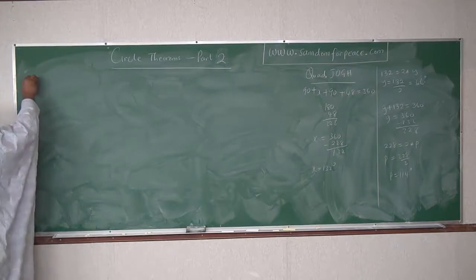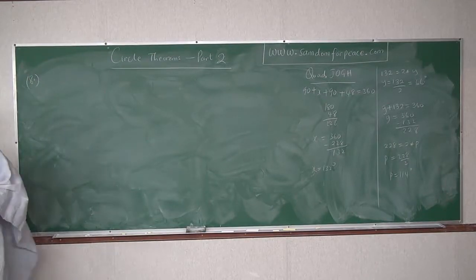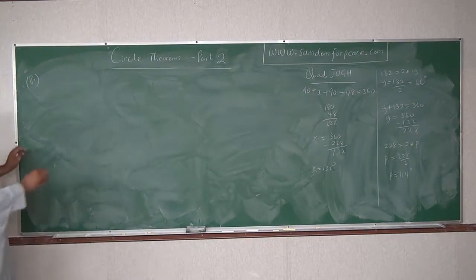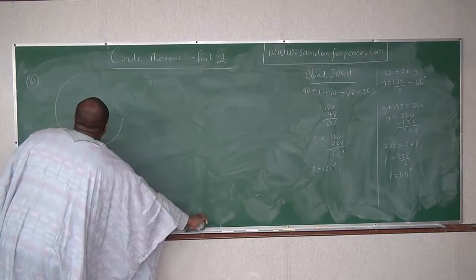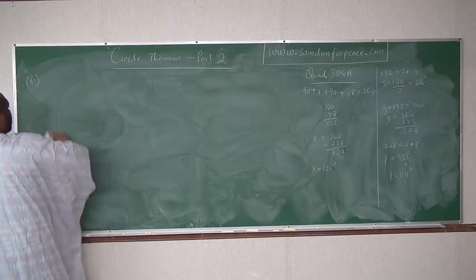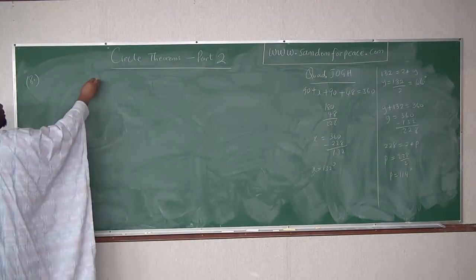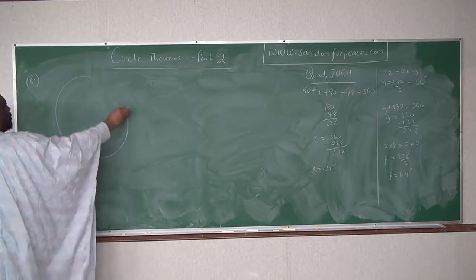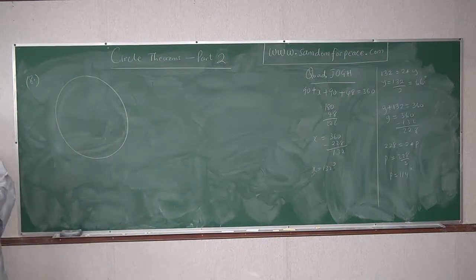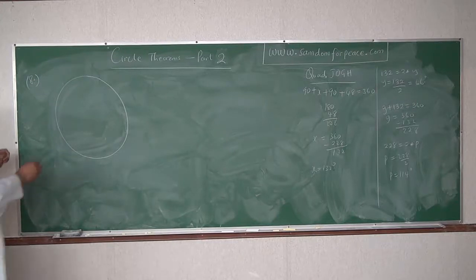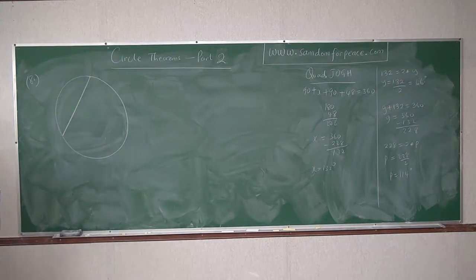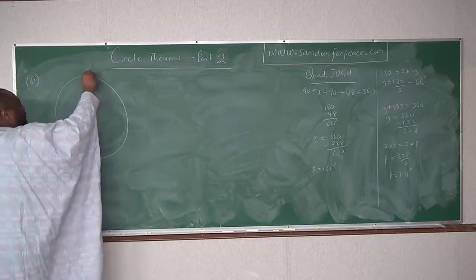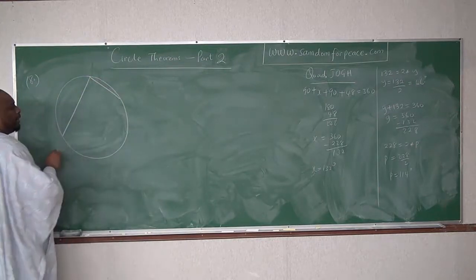Question 8 is WASSCE. We have the circle here. This is also a cyclic quadrilateral, although we didn't use cyclic quadrilateral in the previous one. We just used angle properties.